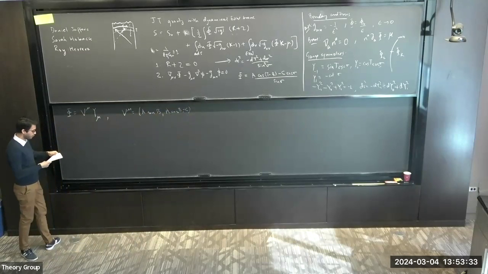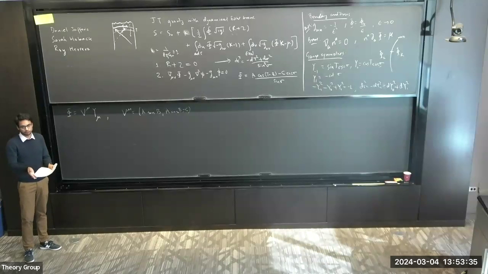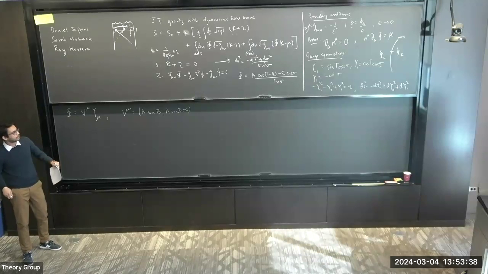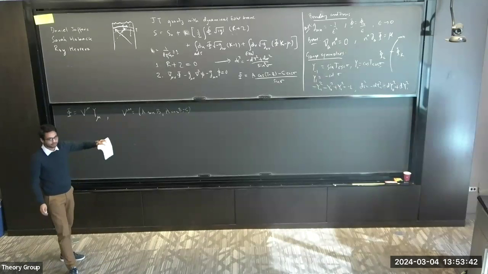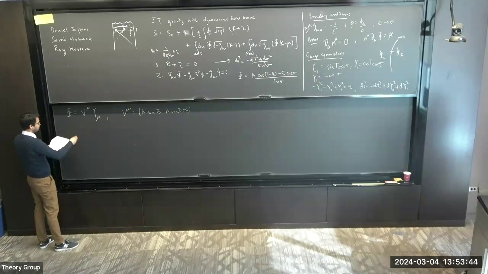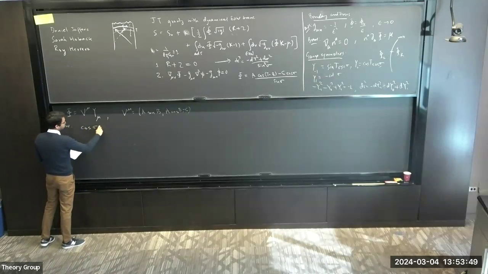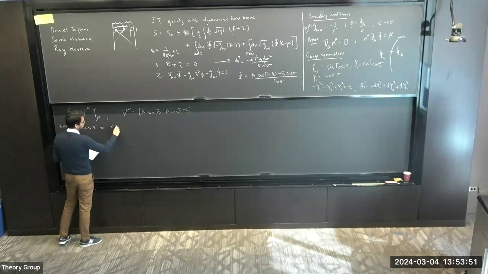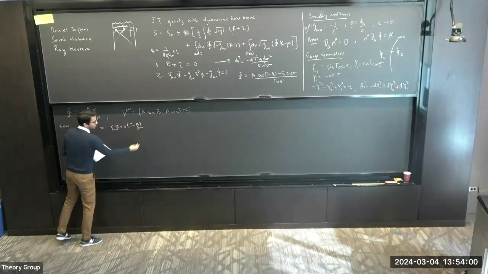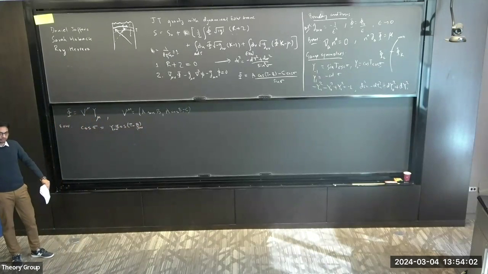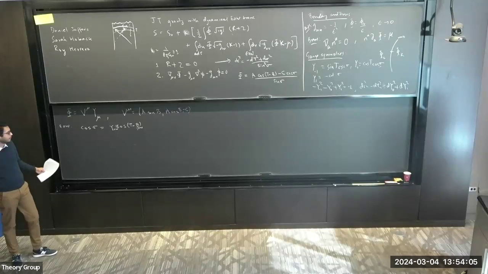Similarly, I have not told you where the end of the world brane is located, and that comes from the equation that grad A n A is 0. If we solve that, what we'll find is that the end of the world brane is located at cos sigma equals r cos(t minus theta), where r and theta are parameters parameterizing the location of the brane.